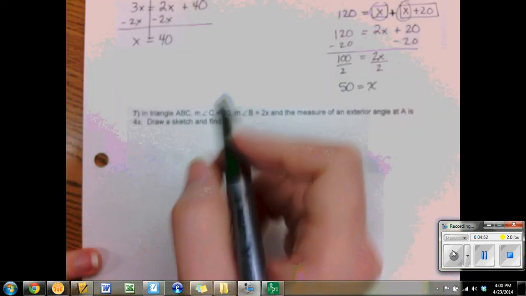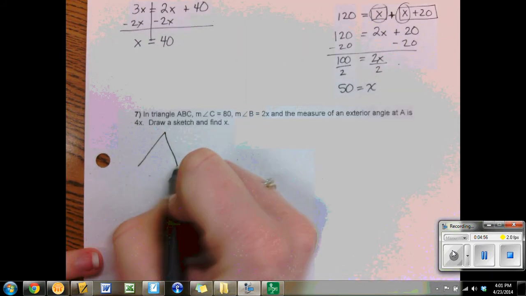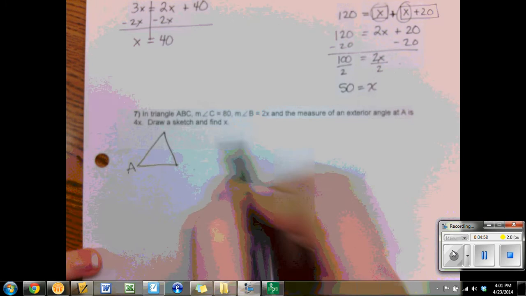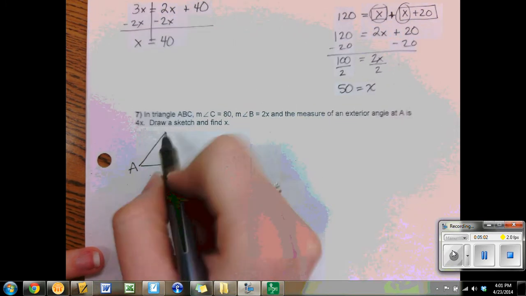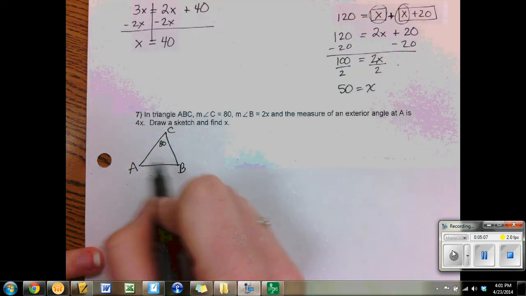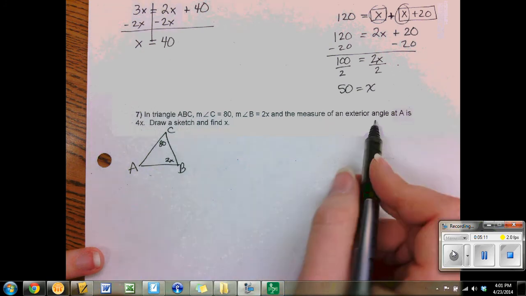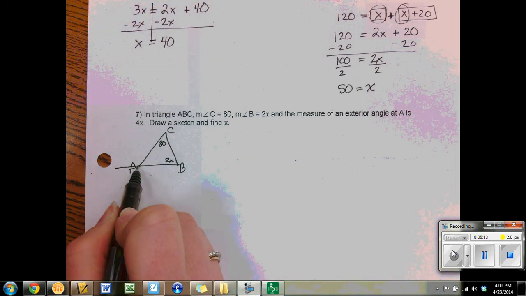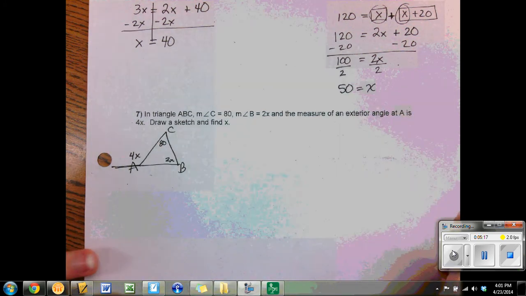Okay. Now this one down here, a triangle ABC. I'm going to sketch a little triangle here just so I can make sure I know what's going on. The measure of angle C is 80 degrees. The measure of angle B is 2x, and the measure of an exterior angle at A, so over here, is 4x. Draw a sketch and find x.